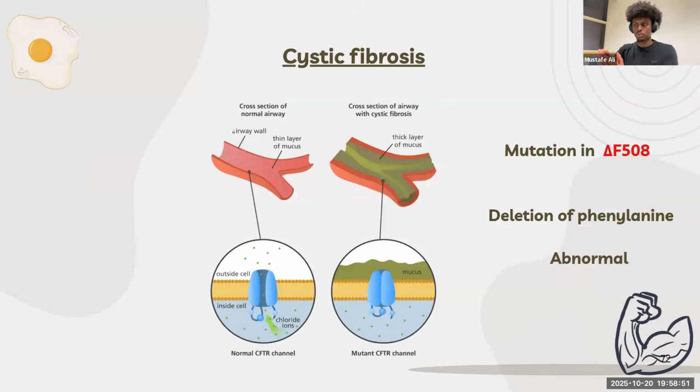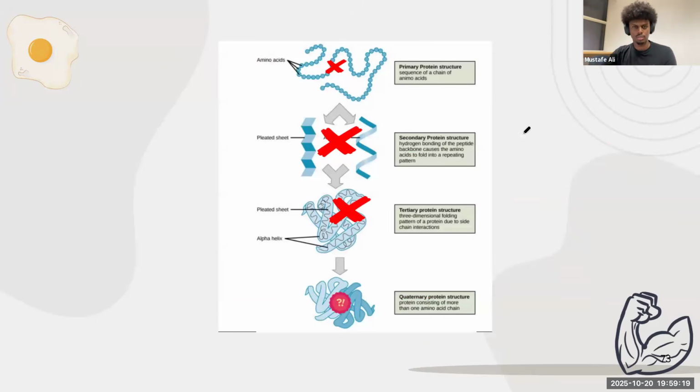Now, in a person with cystic fibrosis, they have a mutation. And this mutation occurs in a place called delta F508. Once this mutation occurs, it will lead to the deletion of an amino acid. Okay? And this amino acid is phenylalanine. Now, because this amino acid is deleted, or is not going to be present in the protein structure anymore, wouldn't this mean that the primary structure would be affected?